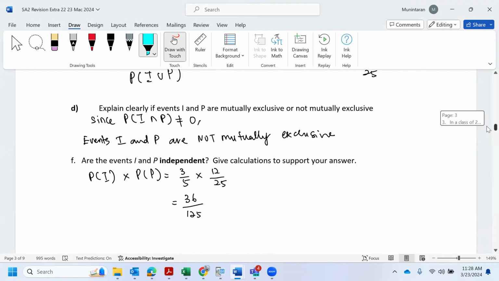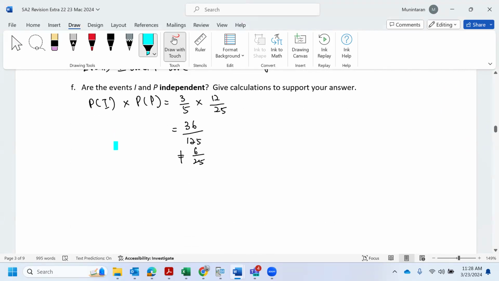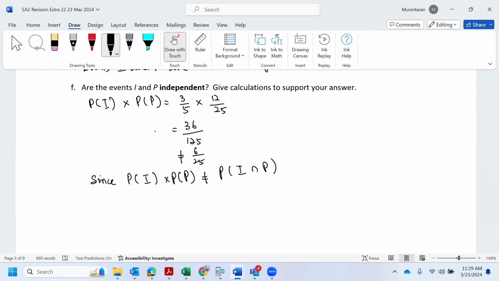Since the product of the probabilities does not equal this, we have evidence. You're going to say that since the probability of I times the probability of P does not equal the intersection, the probability of I intersection with P. This one you do manually, you calculate one by one, take I multiplied by P, and it is not equivalent to that overlap.